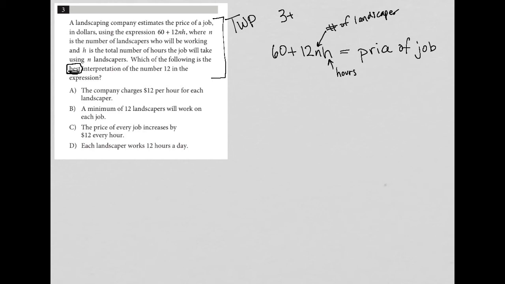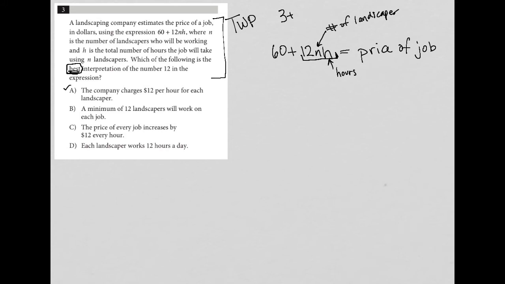So choice A, the company charges $12 per hour for each landscaper. I like that answer because the 12 is connected to both the N and the H. So as the number N changes and the number H changes, we're always multiplying that by 12. So I like that one. I'm going to keep that one.